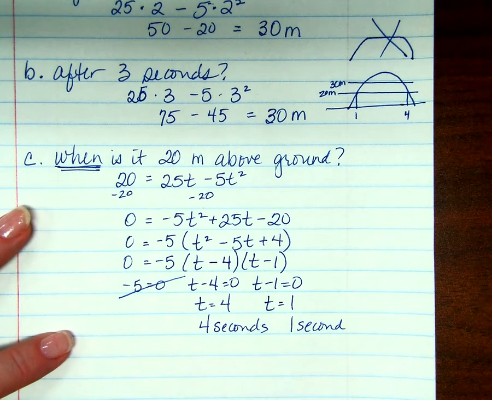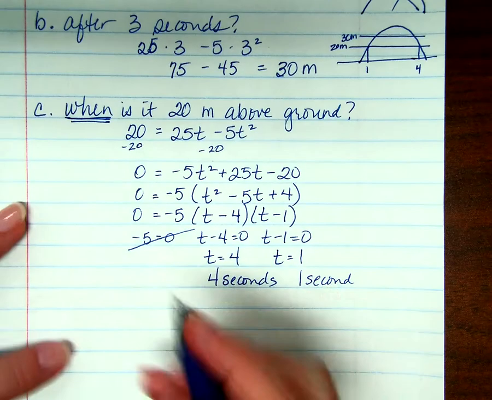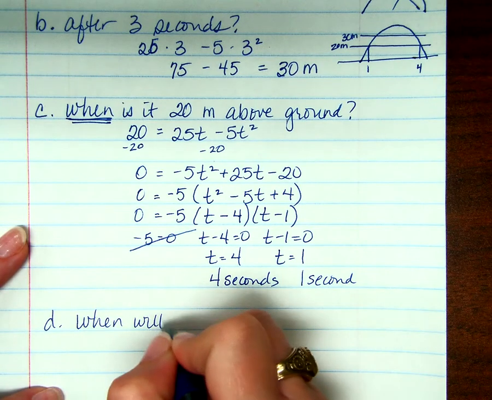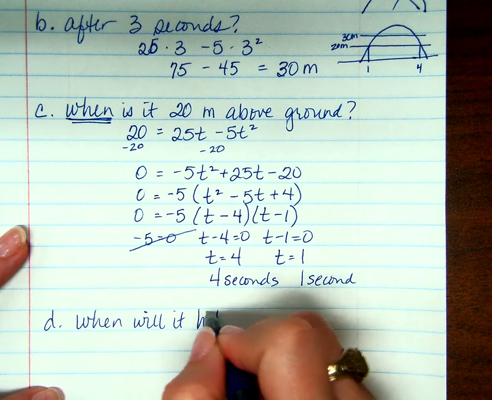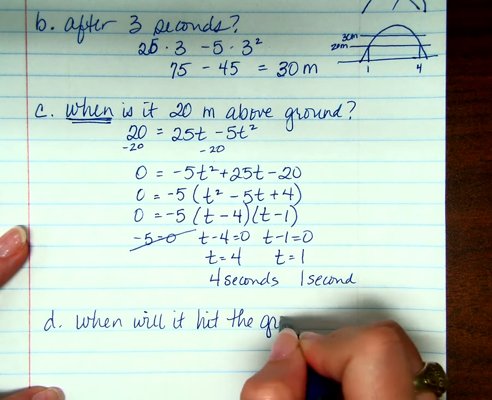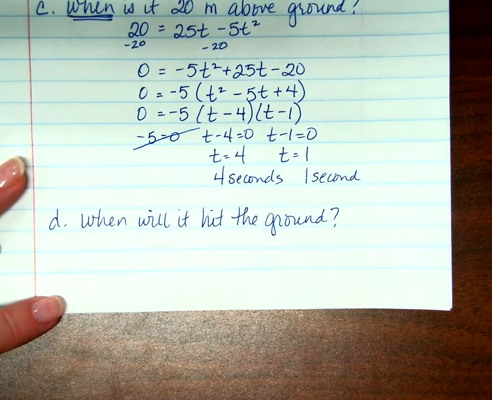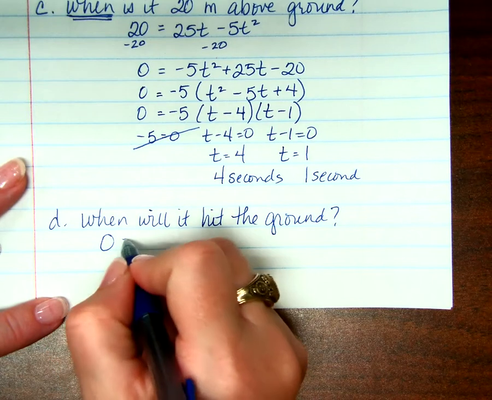Right? So then when will the ball hit the ground? What's the distance above the ground when the ball hits the ground? So 0 is our d value.